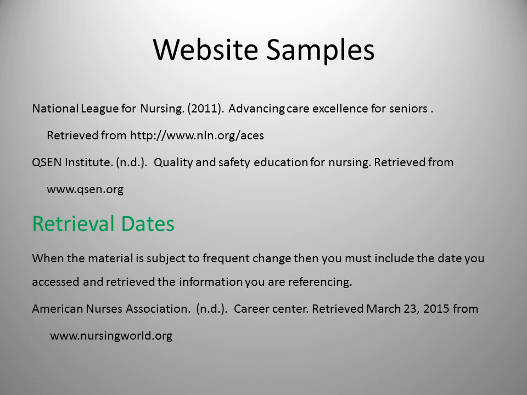So you might not see exactly what I saw, even though I'm referencing and citing it. So I would put the name, it's the group author again, American Nurses Association. There was no date. It's from the Career Center, and I retrieved that information on March 23rd, 2015 from, and there's the URL. So the only time you need to put in that date is if it's something that's subject to frequent change. Otherwise, you just put retrieved from and the URL.